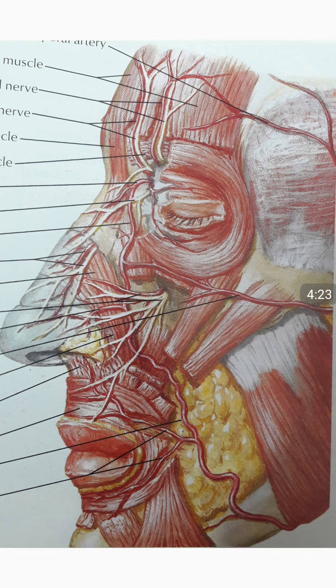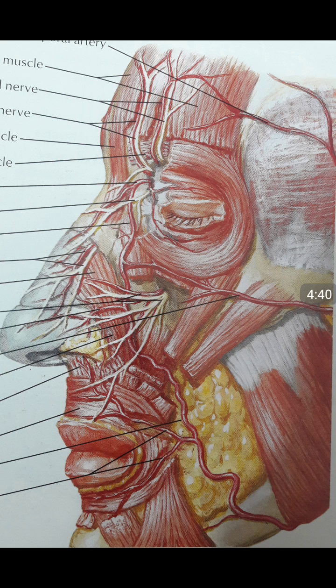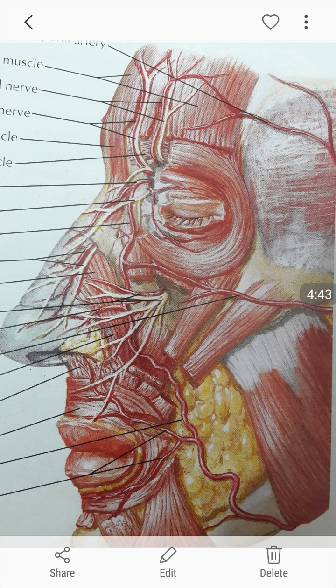Look at the facial artery, its course is tortuous, it is not straight. During chewing, mastication or talking, when the mandible drops down, this tortuosity unwinds, avoiding overstretching of the facial artery.